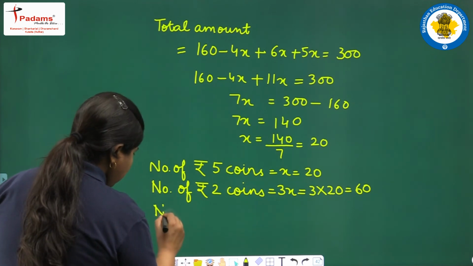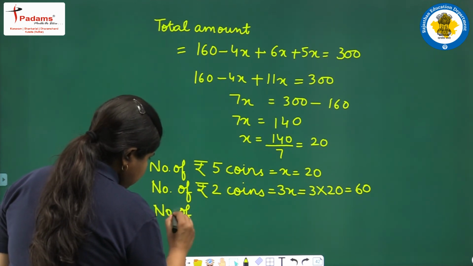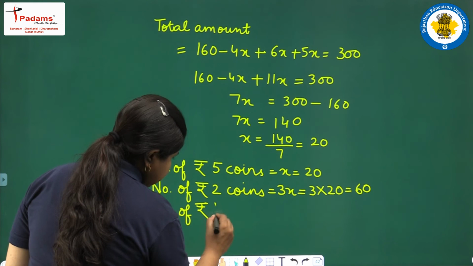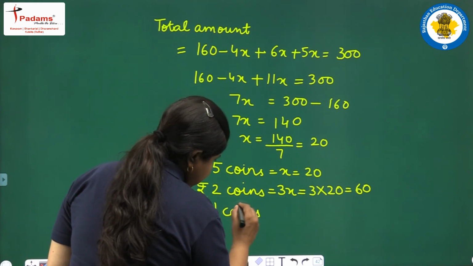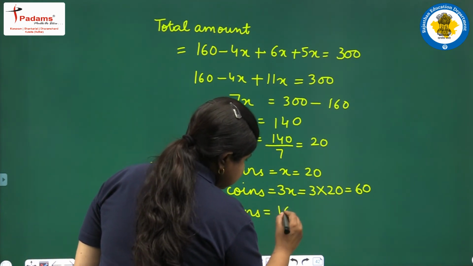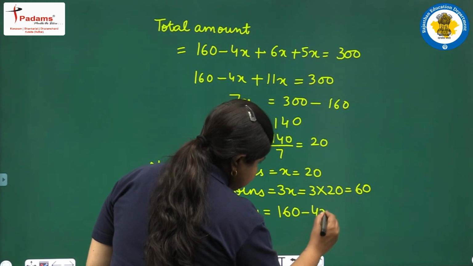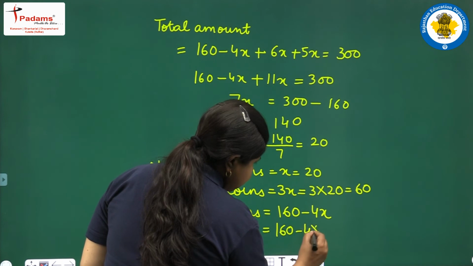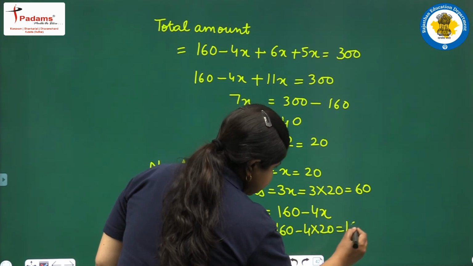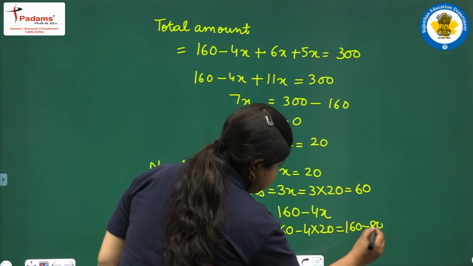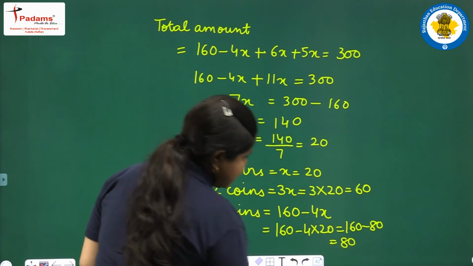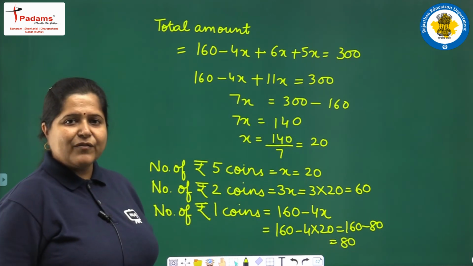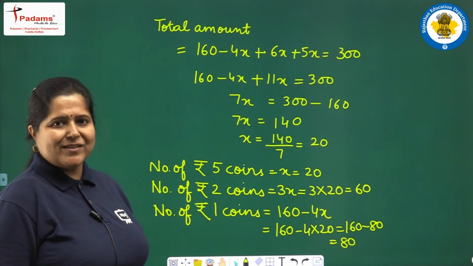Then number of rupee 1 coins equal to 160 minus 4x, which will be equal to 160 minus 4 into 20, 160 minus 80, and it is equal to 80. So here are the number of coins of different denominations.